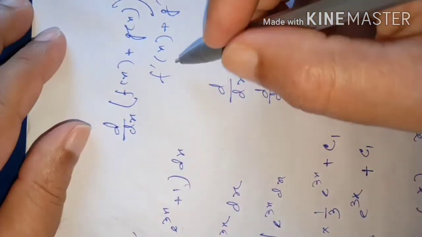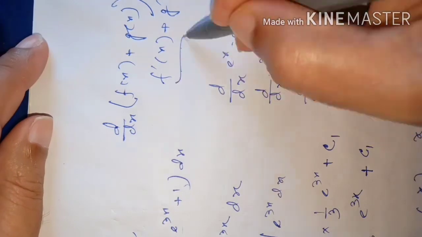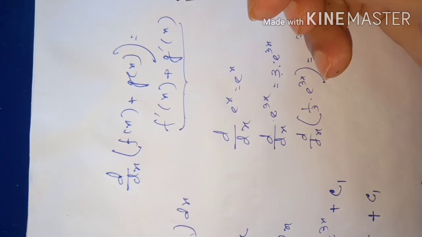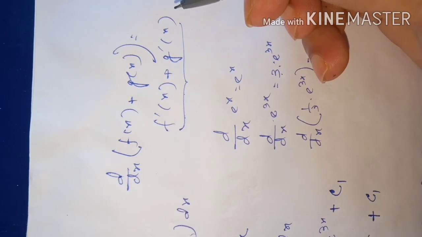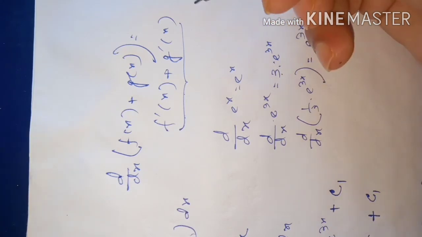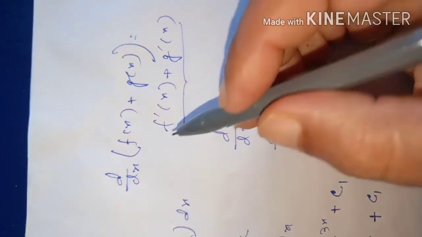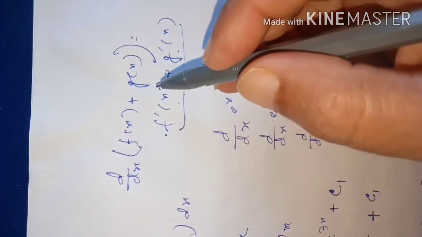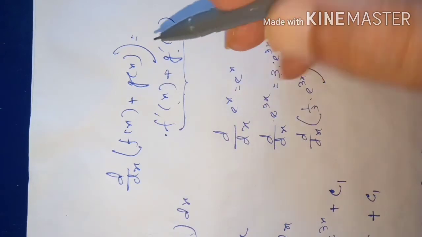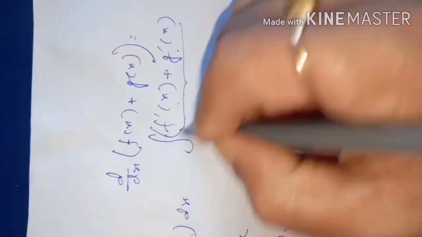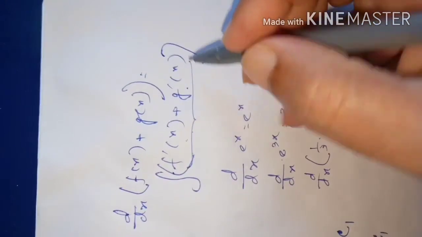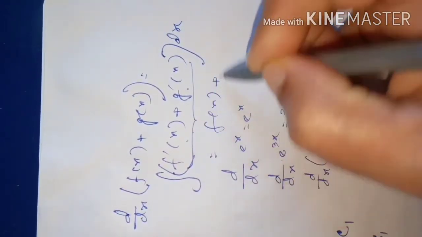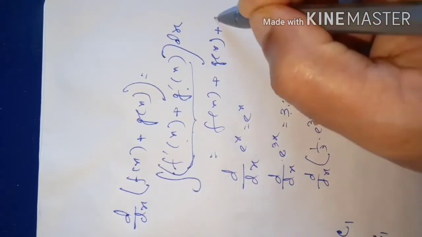Similarly, the antiderivative of a sum of two functions is also equal to the sum of the two antiderivatives. Means the antiderivative of the sum of two functions will be equal to the sum of their primitives. That means the integral of f dash x plus g dash x with respect to x will be equal to f of x plus g of x plus a constant.